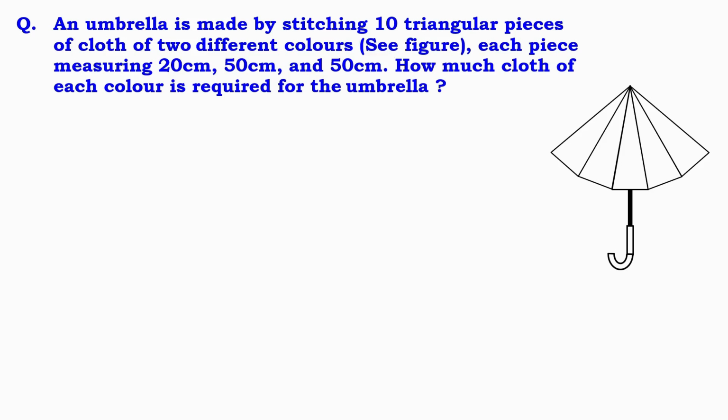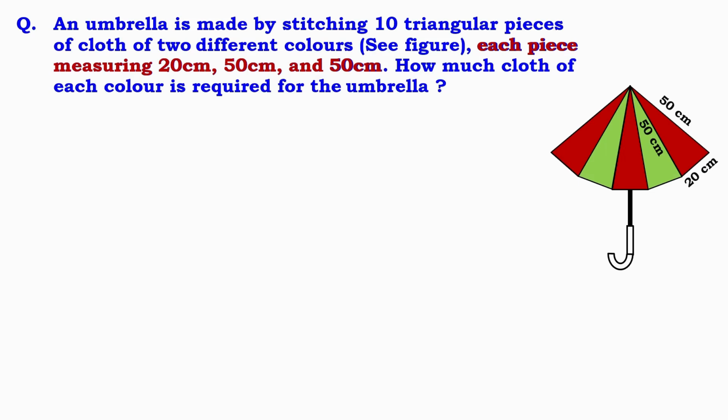There are 10 triangular pieces, and in this figure you can only see 5, because at the back there are another 5 triangular pieces. Each piece forms a triangle with sides 20 centimeter, 50 centimeter and 50 centimeter, and you need to tell how much area of cloth is required for the umbrella. So let's take a look.